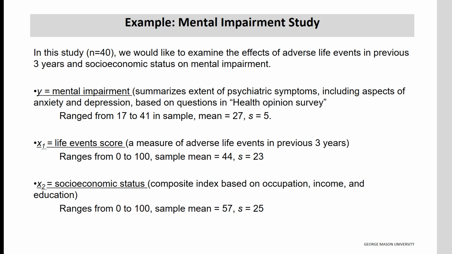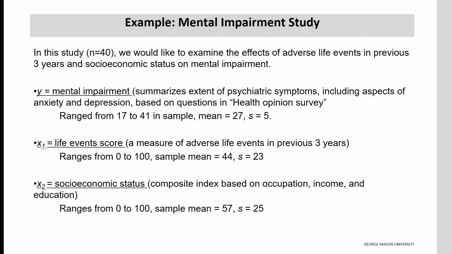The values of this mental impairment variable may range from 17 to 41 in this particular sample, where the mean is 27 and the standard deviation is 5. Our two independent variables include life events, which is measured as a score ranging from 0 to 100, including adverse life events in the previous 3 years.